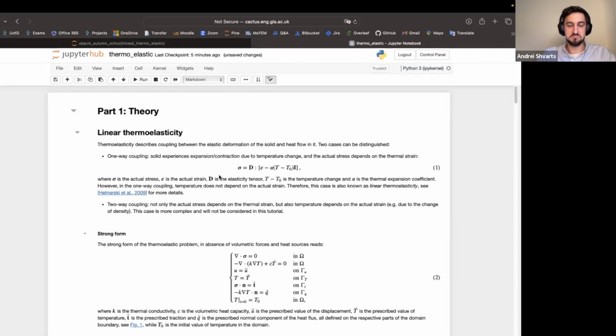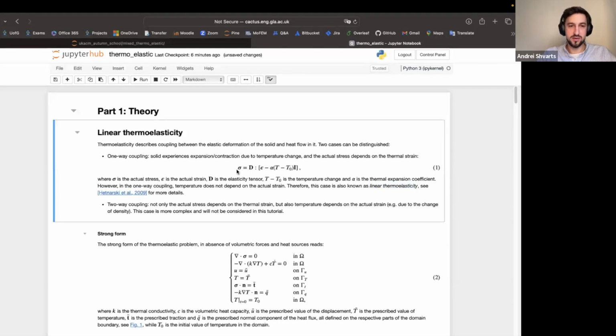It presents, in the same way as in the lecture, the cases of one-way and two-way coupling for the thermoelastic problem. And I emphasize again that we're going to look into only the case of the one-way coupling, which is also called linear thermoelasticity.